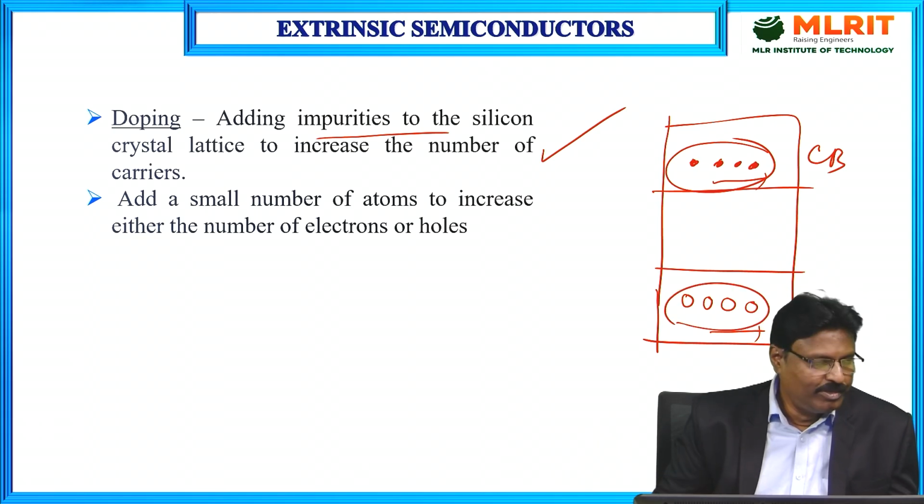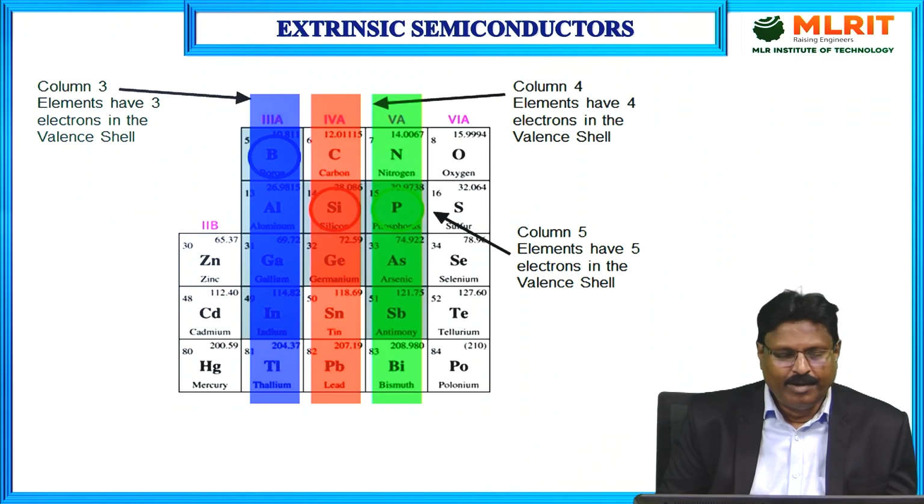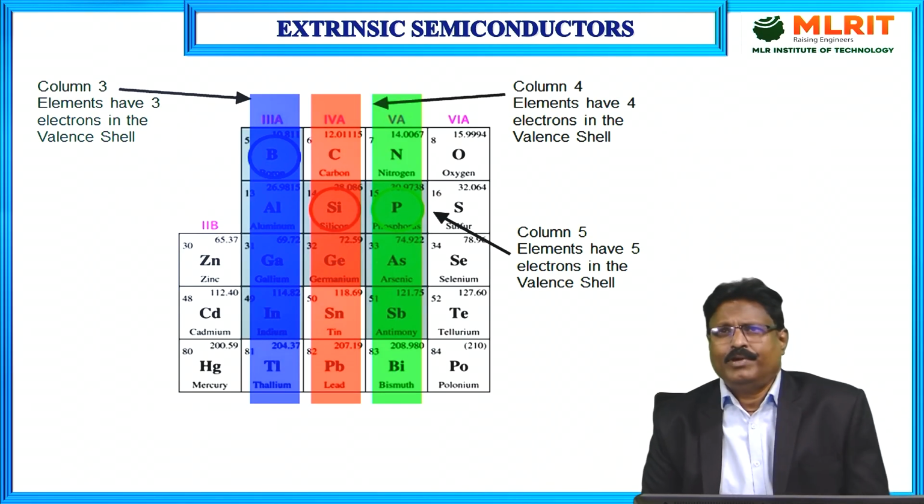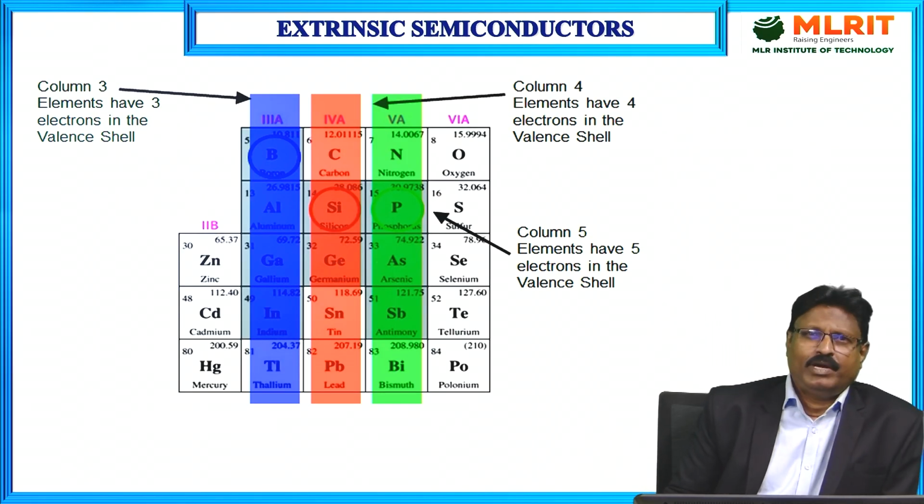Let us discuss option 1, where I am doping an impurity atom into the system to increase the number of free electrons in the conduction band.